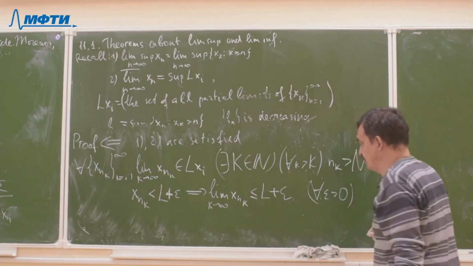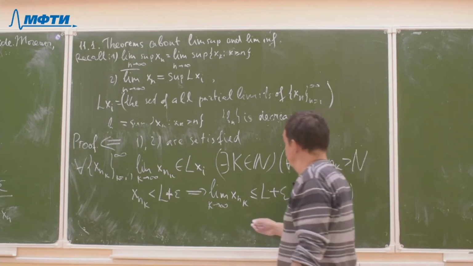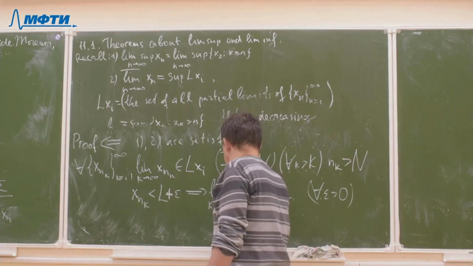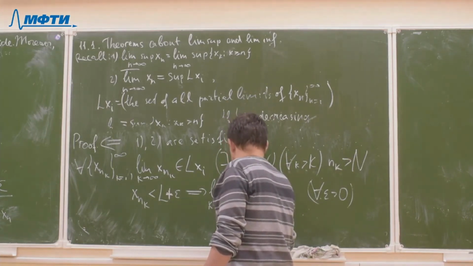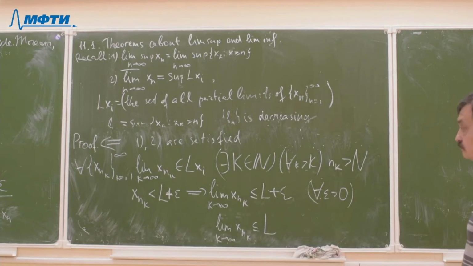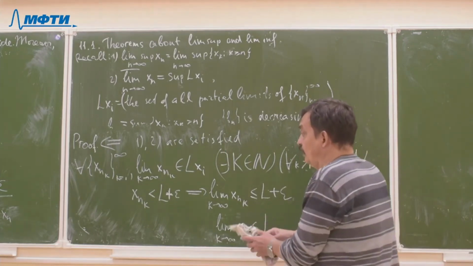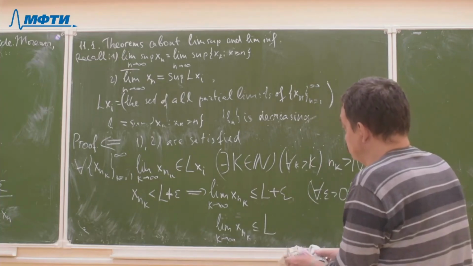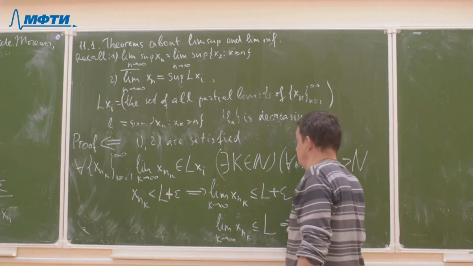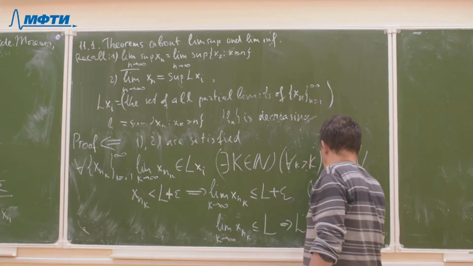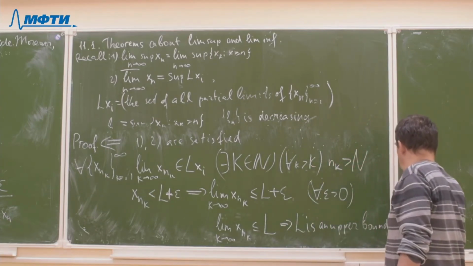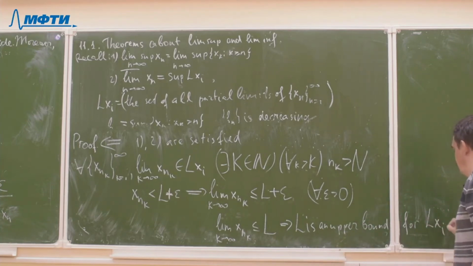It means that an arbitrary partial limit is less or equal than capital L. Hence, L is an upper bound for the set of all partial limits.